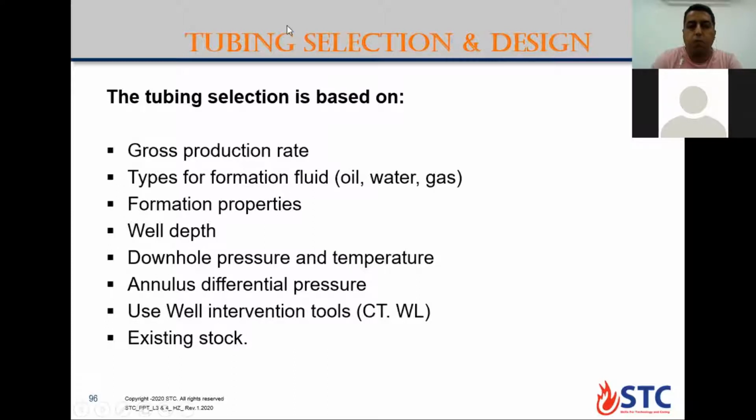For the selection of tubing when you design the completion, there are some factors you need to check while designing the well. First, what is the gross production rate you are going to produce from the well in the future?